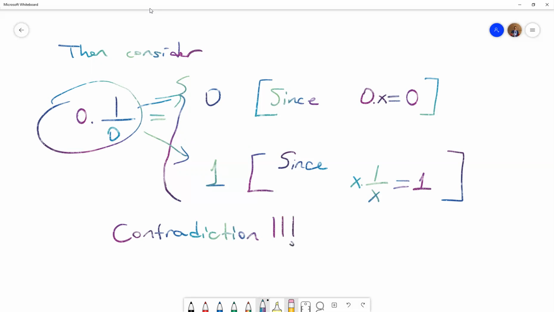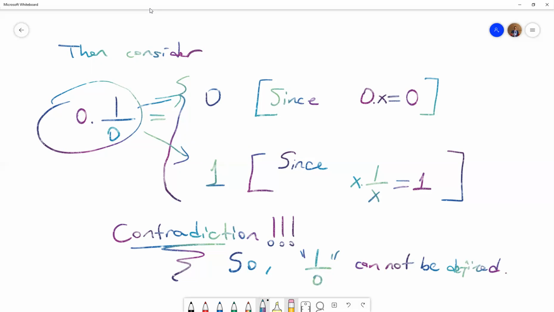You also have to know this term, contradiction. Okay. So what we can say finally is that 1 over 0 cannot be defined.